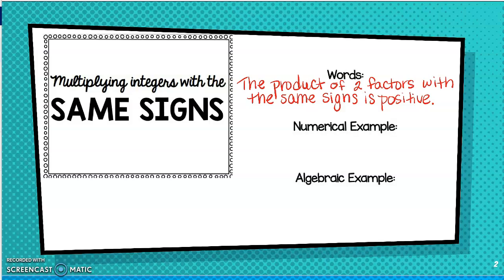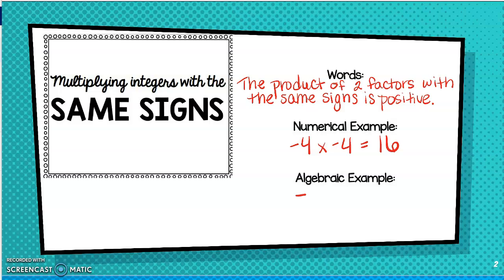So a numerical expression, an example, would be -4 times -4. Your answer will be positive 16. So you just take 4 times 4, write the 16. They're the same sign, so you know our answer is going to be a positive answer. So the algebraic expression, it has variables in it, and it just means you can plug in any number for it.